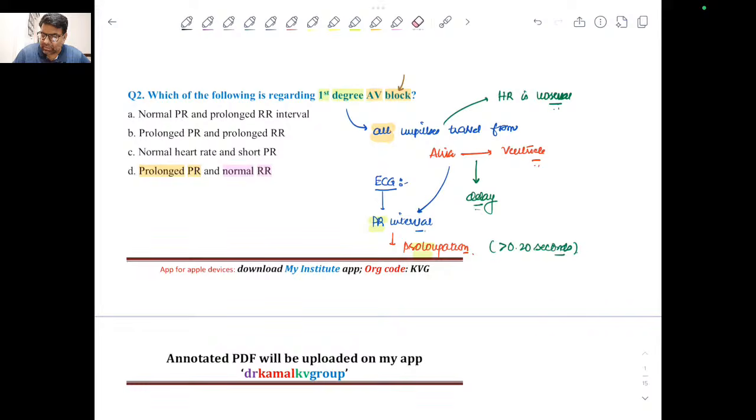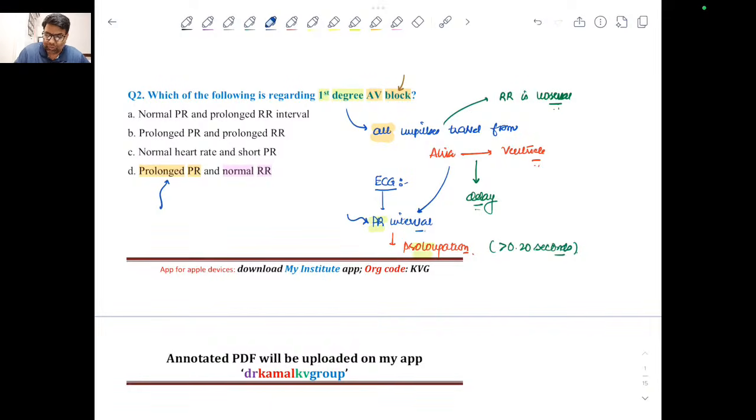So this is first degree AV block. The classical finding which you will say is PR interval prolongation. And why is it prolonged? Because the impulses traveling from the atrium to the ventricle are taking a little longer time to reach the ventricle. So this is the classical clue, prolongation of the PR interval.